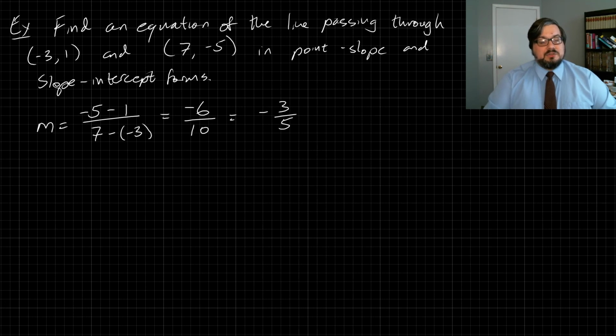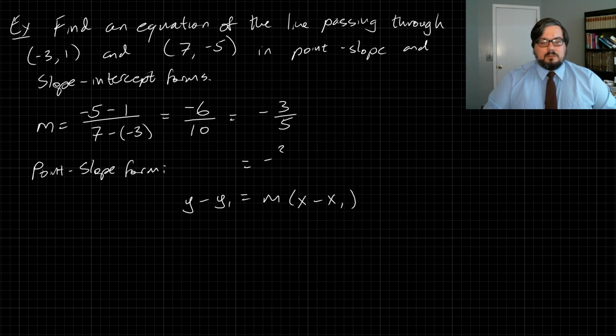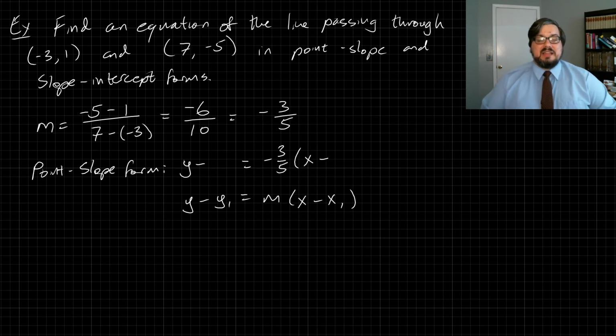So let's use the point slope form. We want to take y minus y1 equals m times x minus x1. We know the slope is negative 3/5, and then the x and y stay as they are.